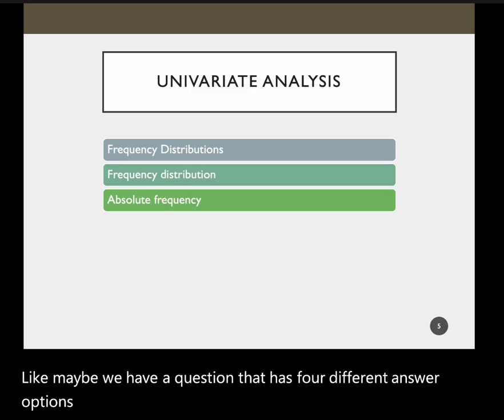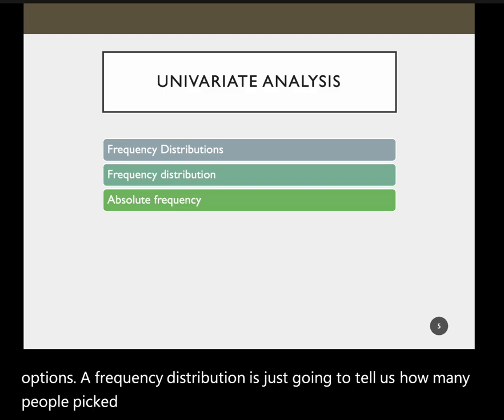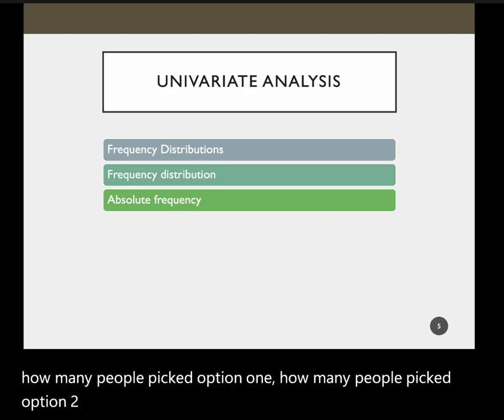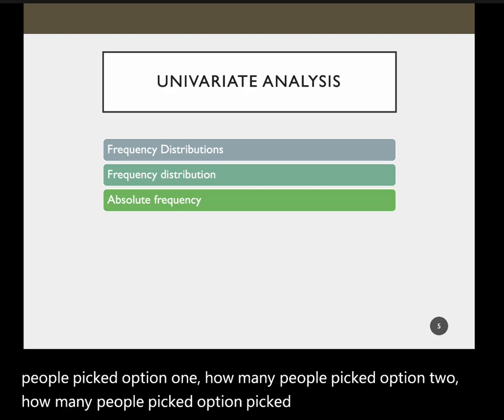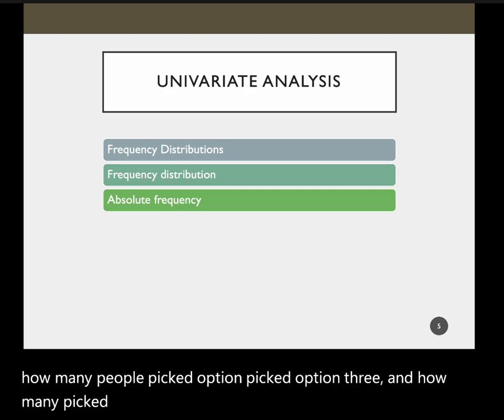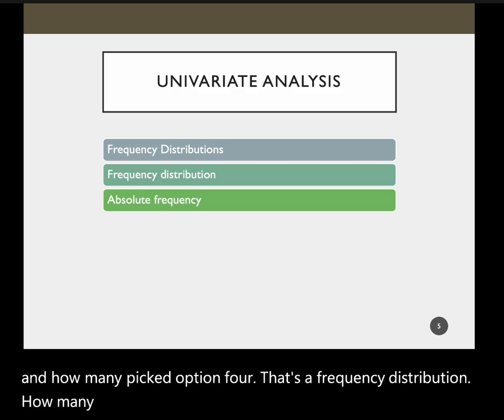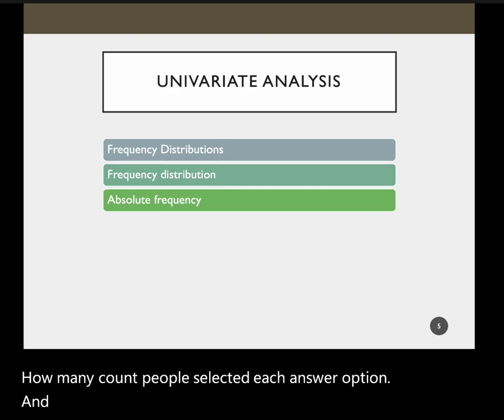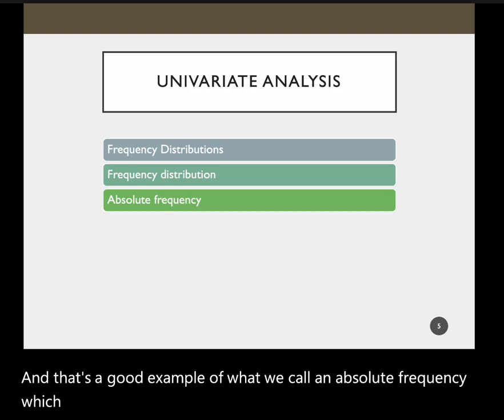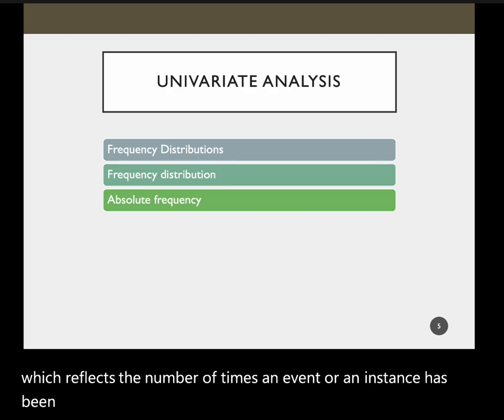A frequency distribution is just going to tell us how many people picked option 1, how many people picked option 2, how many people picked option 3, and how many picked option 4. That's a frequency distribution. How many people selected each answer option? And that's a good example of what we call an absolute frequency, which reflects the number of times an event or an instance has been repeated or selected.